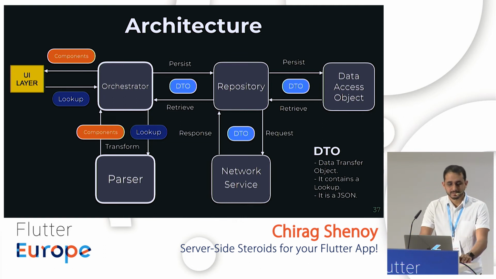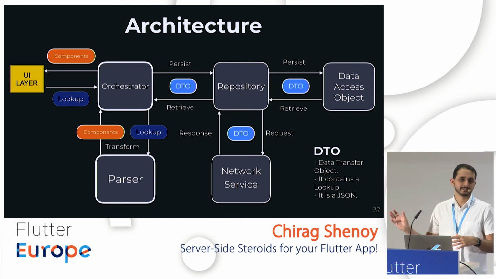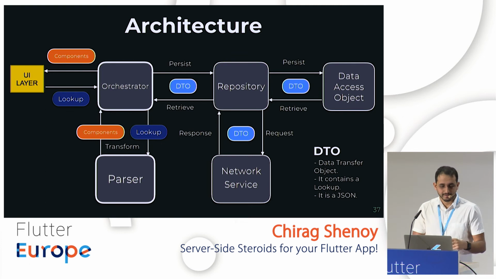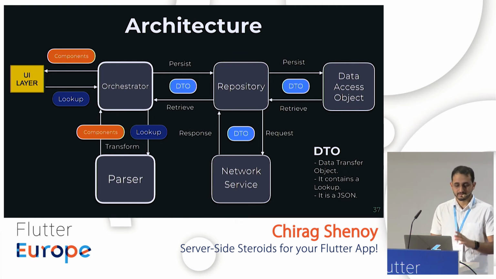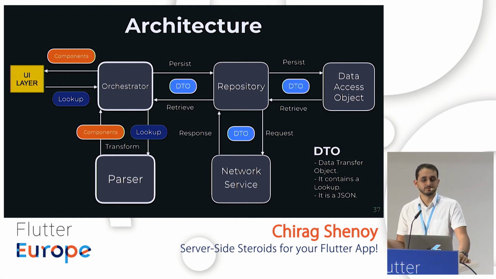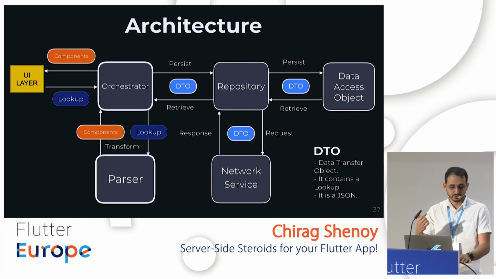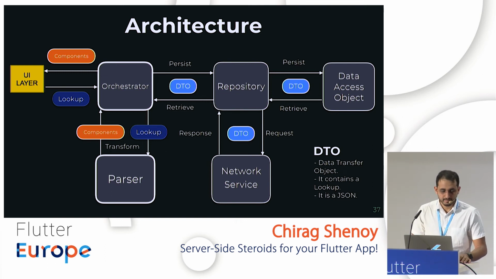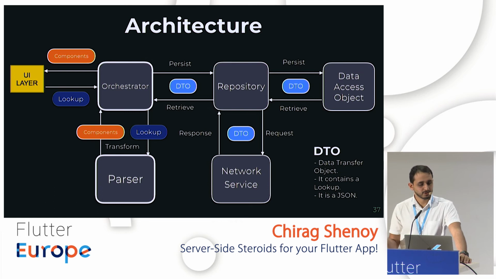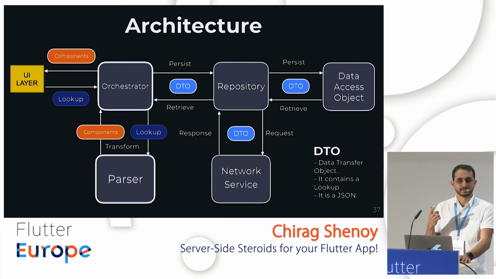And then you have something called an orchestrator, which connects all of these pieces together. It takes the DTO, takes the lookup key from the JSON itself, and sends it to a parser, as you can see. And that parser transforms that lookup key into components.